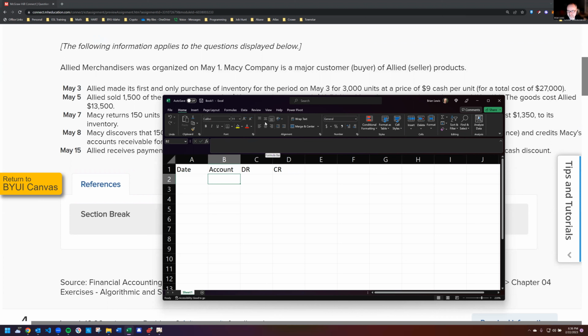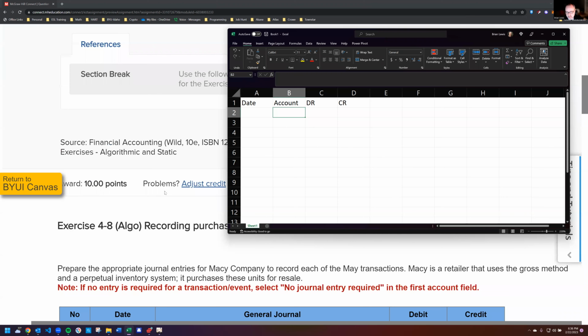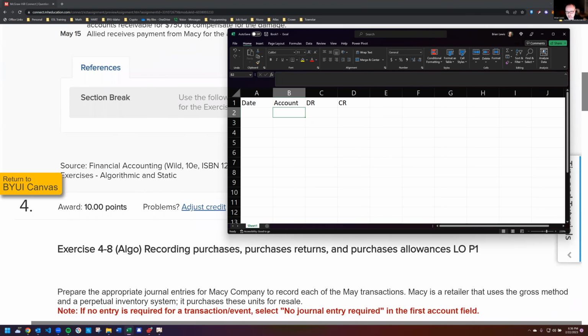Okay, now, as we look at this also, we notice that it's asking us to record purchases, purchase returns, and purchase allowances. So we're focused on the purchasing side of a particular company, more than likely, right? So it says prepare the appropriate journal entries for Macy Company.